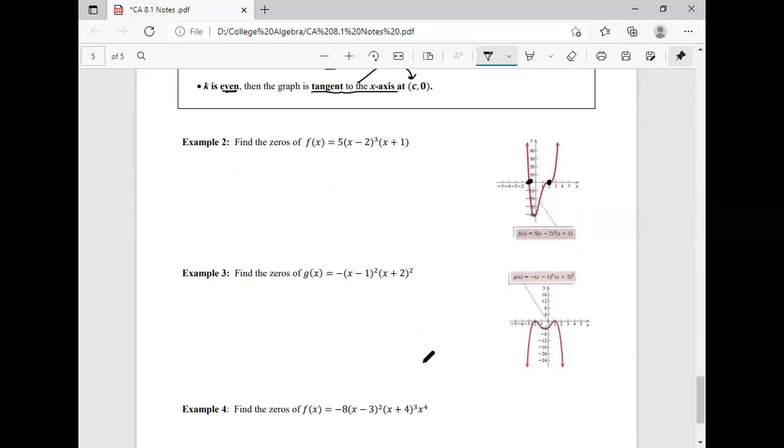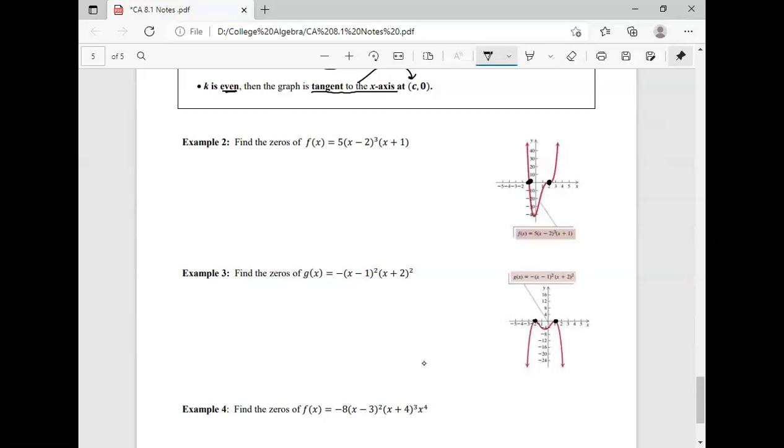But if you go look down here on this one and you look at this point right here and this point right here, this graph does not cross over the x-axis right here. It comes up and this is called tangent. It comes up, it bounces off it, and then bounces off this again. So these are examples of when it's bouncing off of it and not crossing it. Does that make sense? Okay.